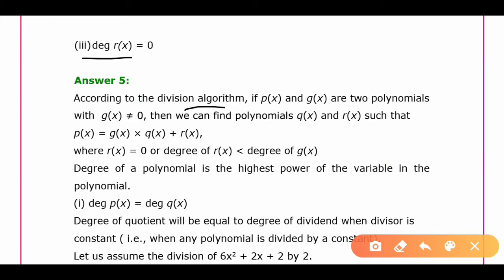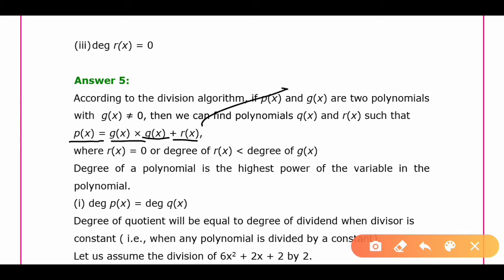According to the division algorithm, if p of x and g of x are two polynomials with g of x not equal to 0, then we can find polynomials q of x and r of x such that p of x is equal to g of x into q of x plus r of x.